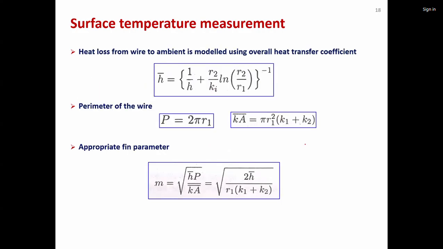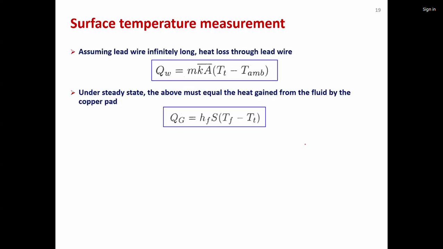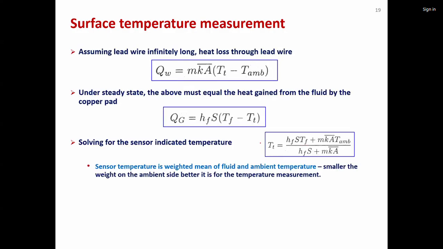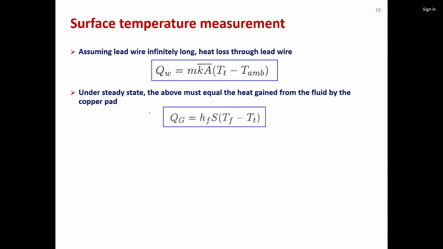So we write that in this form: the heat coming from the fluid to the tip is HF into S into the temperature of the fluid minus the temperature of the tip of the thermocouple. So now these two should be equal.